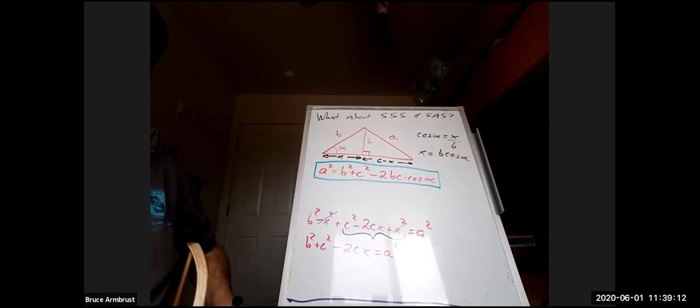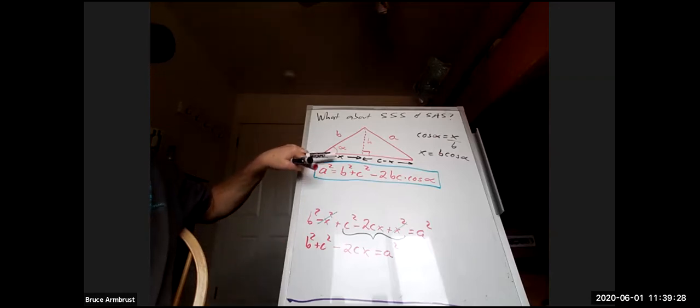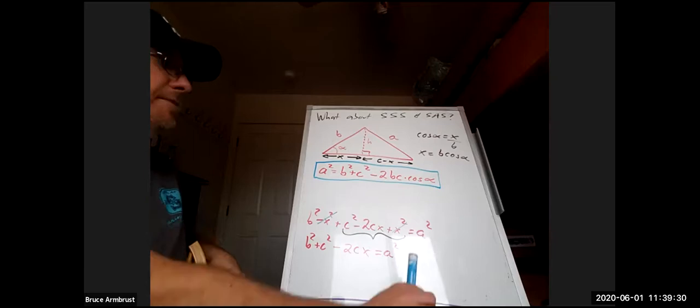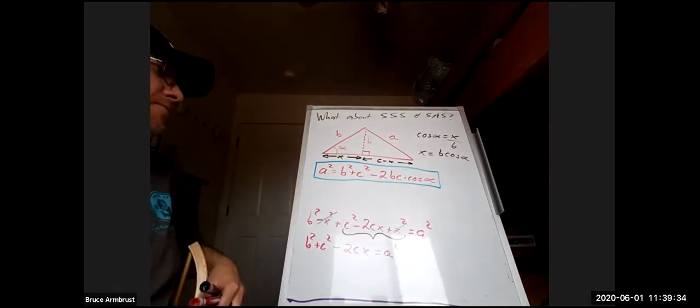If I tell you the three sides, you know a, b, and c, which means you're going to be able to solve for alpha. Also, if you know two sides and the angle in between them, let's say those two sides are b and c, the angle in between them is alpha, that means you know everything on the right, which means you're going to be able to solve for that third side.